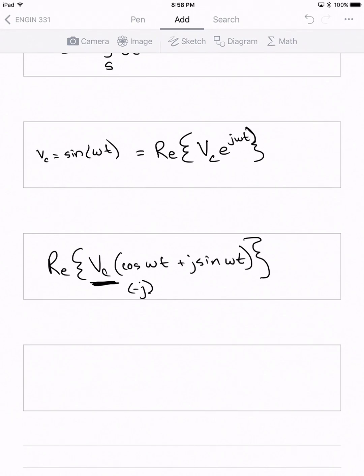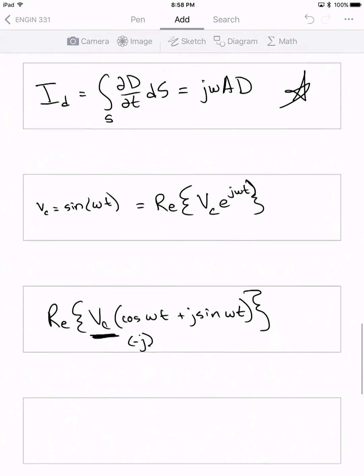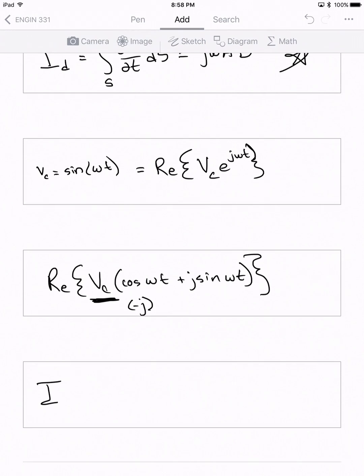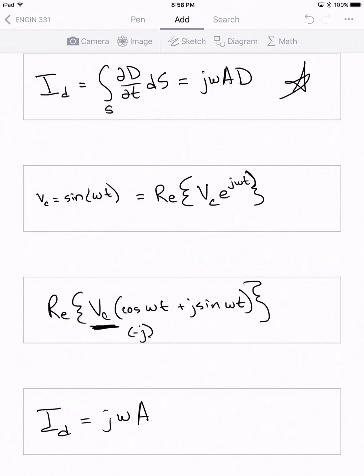All right, so back to up here where we were doing the integral. I_D, which we have just evaluated, is equal to j omega A, and in place of D, we're going to write epsilon V_C, which is minus j V naught over d.